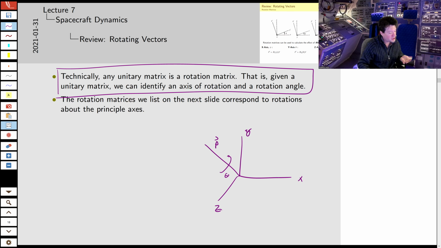However, the rotation matrices that we are going to work with are predetermined. This rotation matrix will depend very strongly on what the axis is. Here we're only using rotations about these three axes, because the rotation matrices are very simple for those axes.